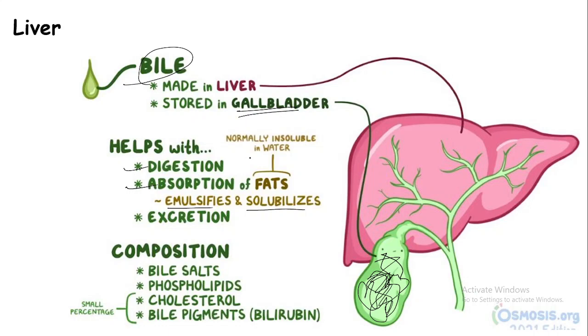If you mix oil or ghee or any wax in water, does it mix with it? No, so it is insoluble. But some way or the other, it has to be absorbed, right? So the contents of the bile help in solubilizing, or rather emulsifying, the fats and absorbing them. Proteins and carbohydrates have no problem. They mix with the water and they are absorbed.